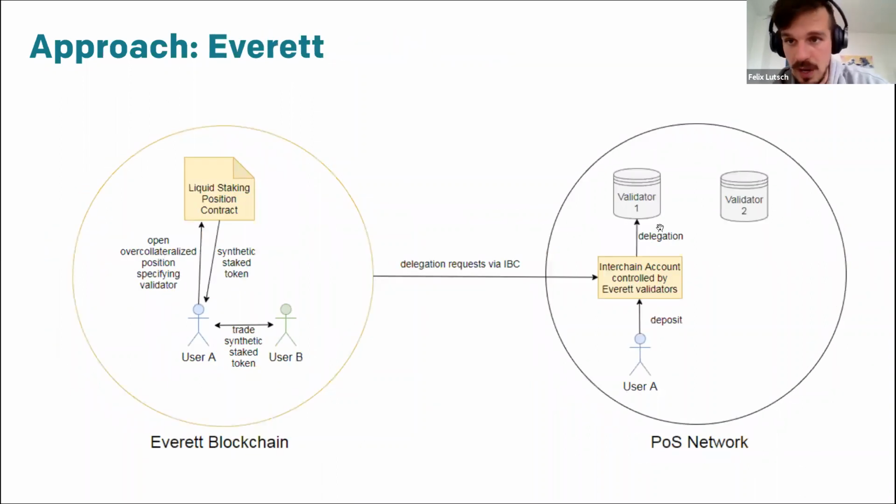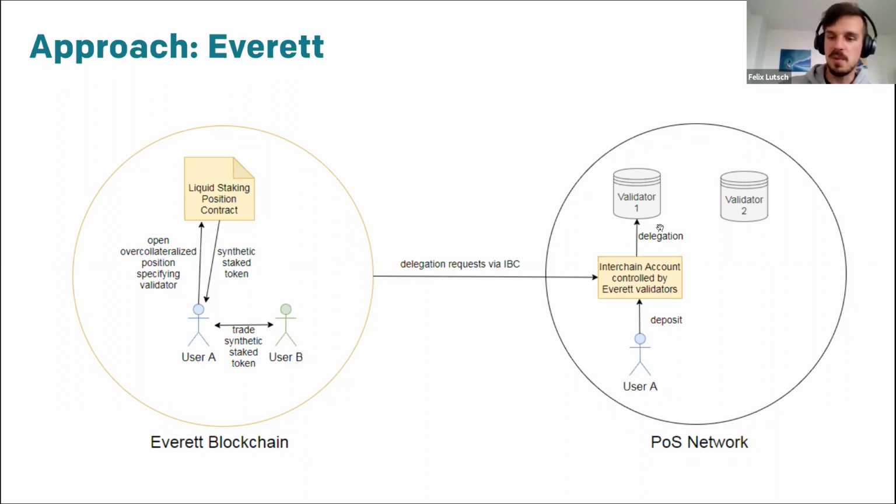Everett, which is also a Cosmos specific design, or rather, it is agnostic of the protocol, but it started on Cosmos and from the Cosmos perspective, it makes use of IBC. So the idea here is there is a separate blockchain that controls accounts on other proof of stake networks.